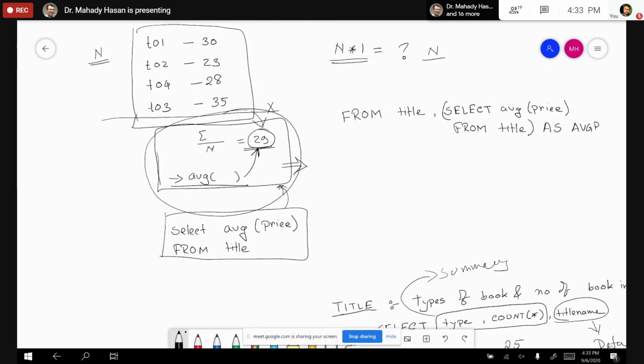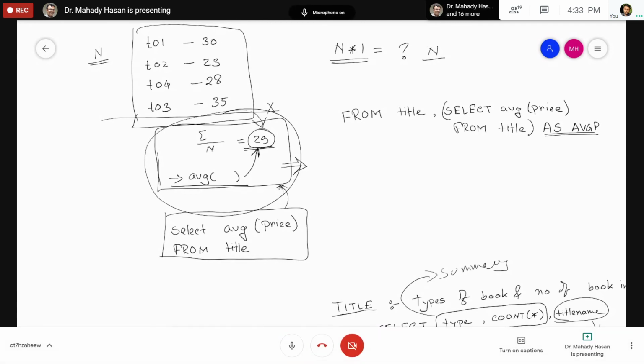One is the title table, another is a new table, which I have defined as AVG P, and I have basically written the query for that. Make sense? So here, let me rename this to AVG PR. That means average price. Okay.